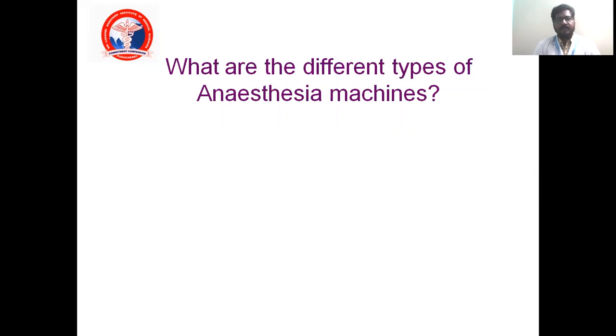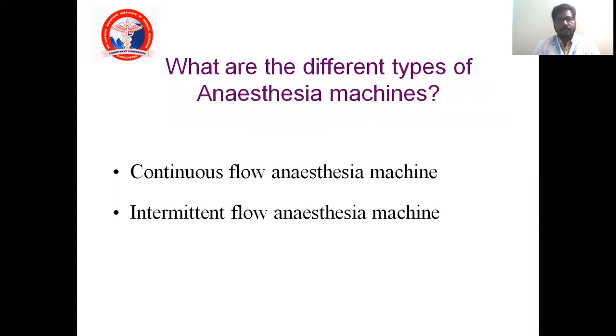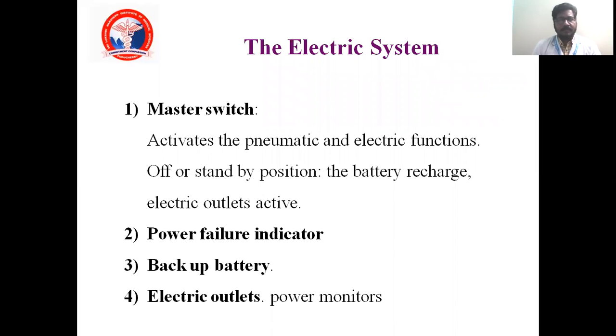Now, coming to the different types of anesthesia machine. In early days, there were two broad classifications: the continuous flow anesthesia machine and the intermittent flow anesthesia machine. The continuous flow anesthesia machine, which we are using in Boyle's apparatus and anesthesia workstation, contains an electrical system and a pneumatic system.